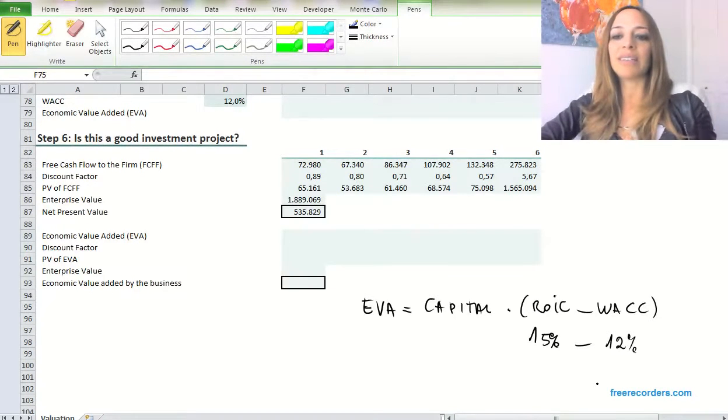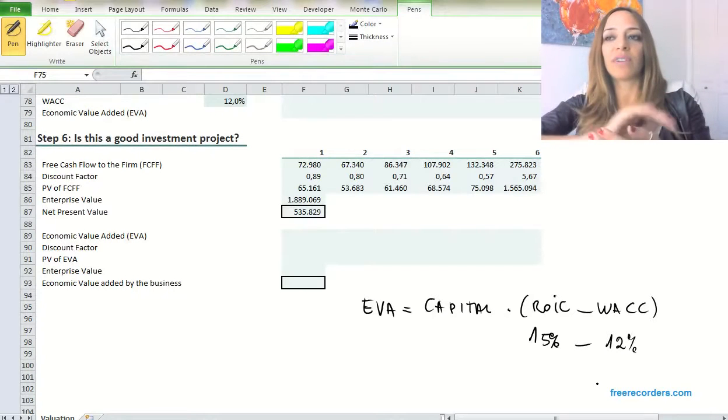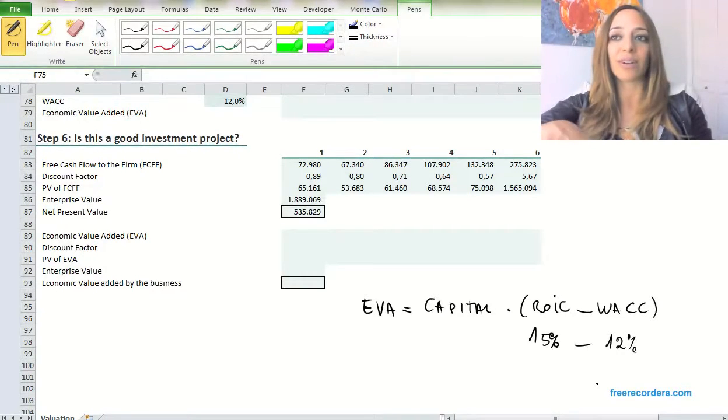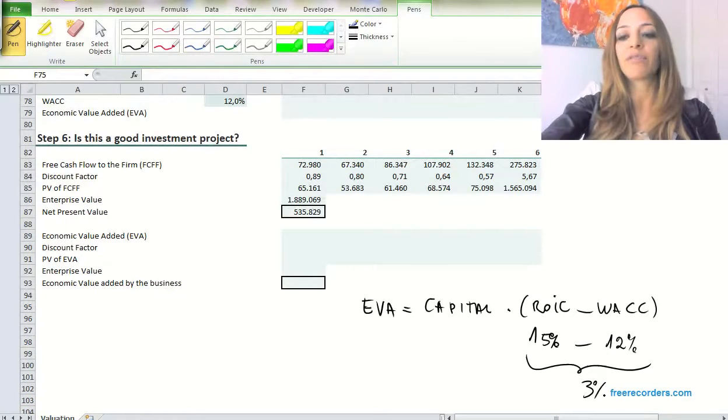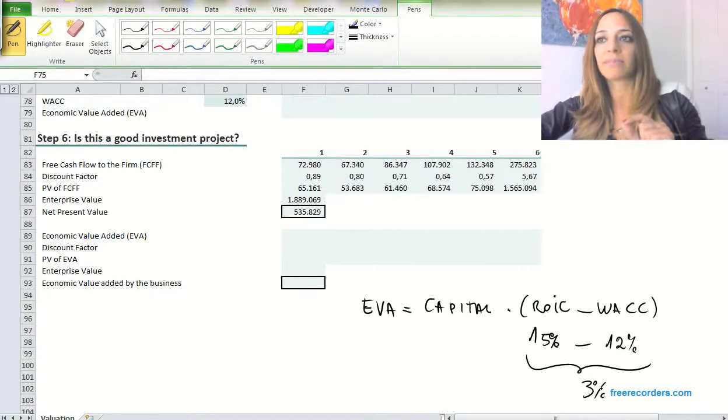Therefore, in this case, 12% means that if you go with your money and invest in the competition or in a company of similar risk, you will obtain 12%. But in this project, you are obtaining 15%. Therefore, you are creating value. How much value? 3% for each dollar invested.